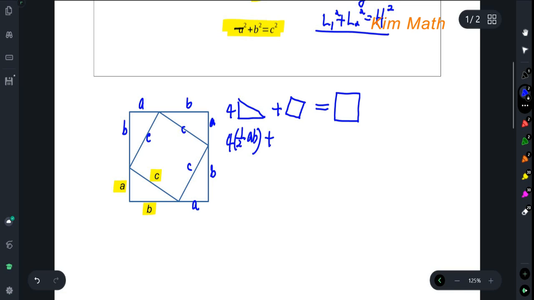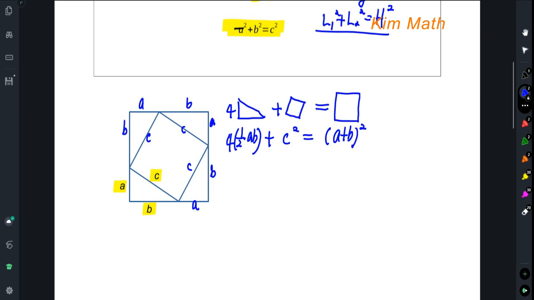And the area of the small square inside the big square will be c squared, and the area of the big square will be, since one side is a plus b, now (a plus b) squared. Is it correct? Okay, if I simplify this, this will be 2ab plus c squared.